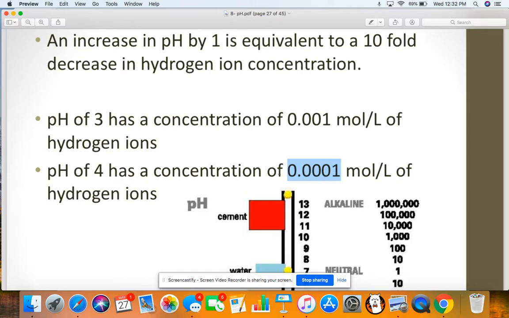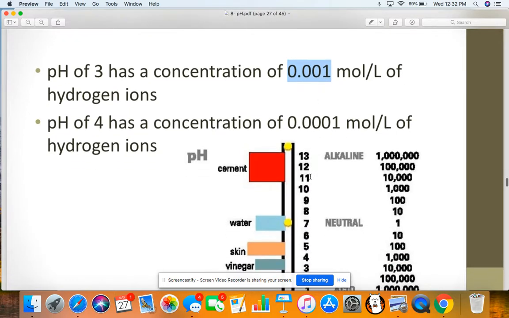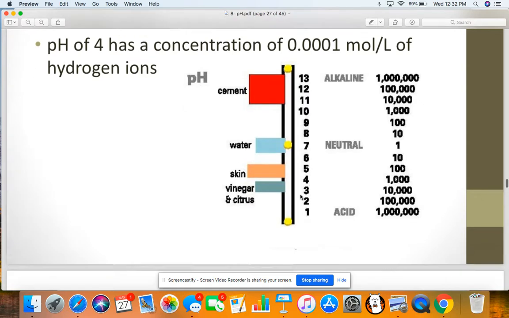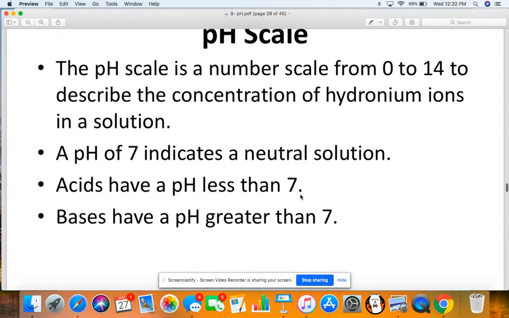Notice that there's an extra 0 here compared to here. That represents a 10-fold decrease, right? So this number is smaller than this number up here, and it's smaller by a 10-fold difference. So that's pretty significant. So every time you take a step on the pH scale, the numbers are actually getting 10 times smaller every time that you go through.